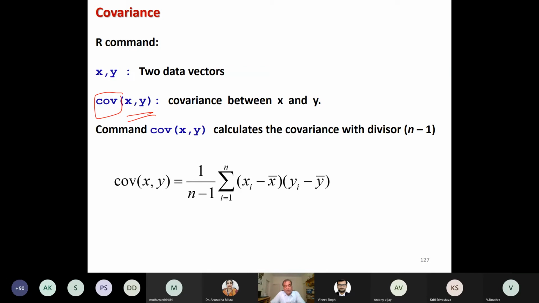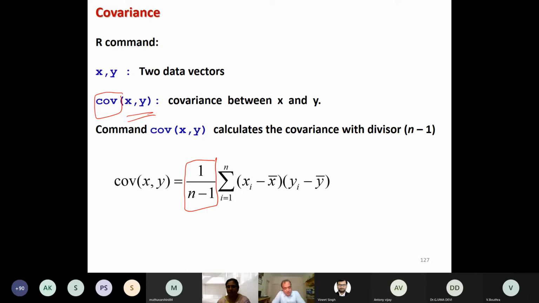But here we have the same thing that happened in the case of variance: when R computes it, the divisor is 1 upon n minus 1. The reason for this n minus 1 is the same, because when we estimate the unknown covariance of the population on the basis of a given sample of data, there are two different methods to estimate it, and those two methods give two different values, one with divisor n and another with divisor n minus 1.